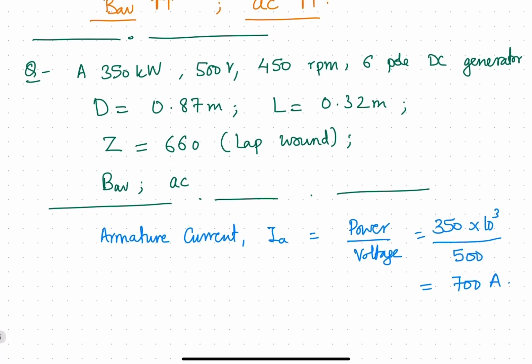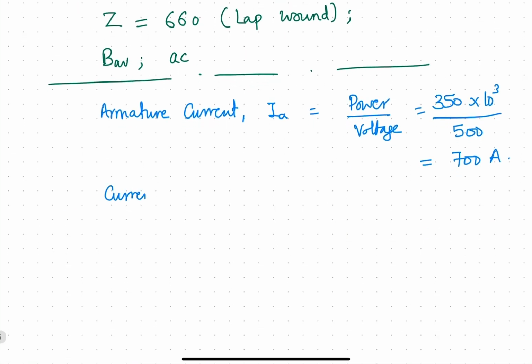Now the current in each conductor, IZ, is equal to IA by A, so that is equal to 700 divided by 6.